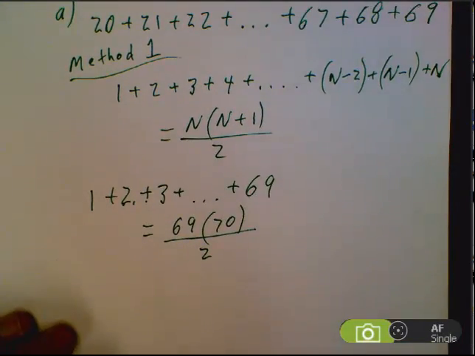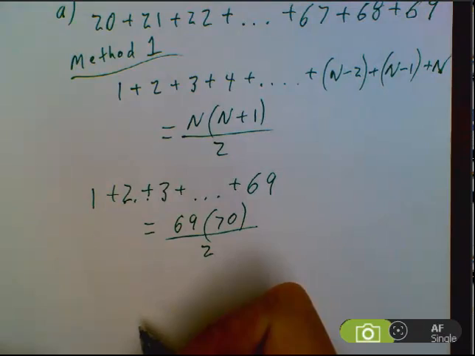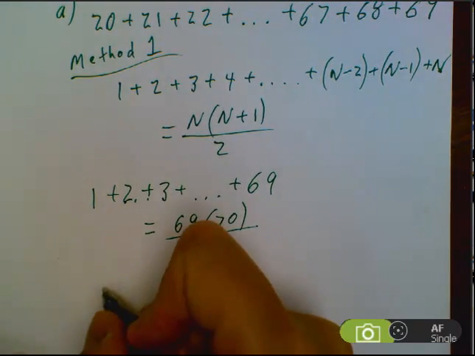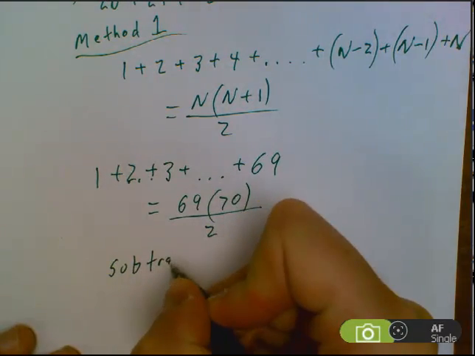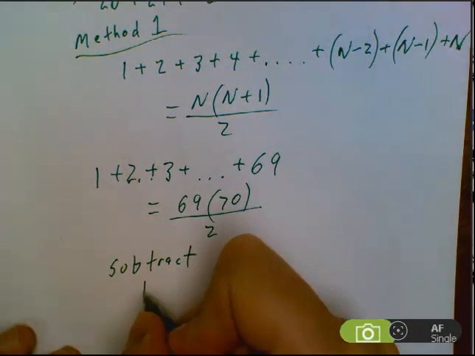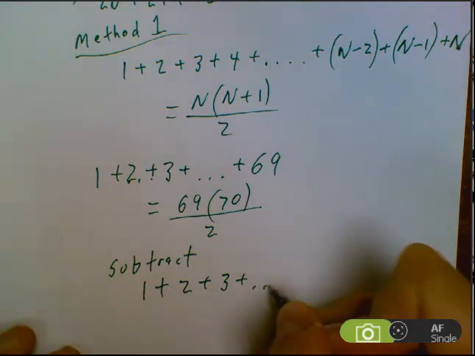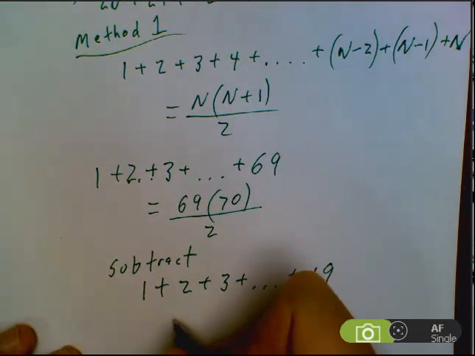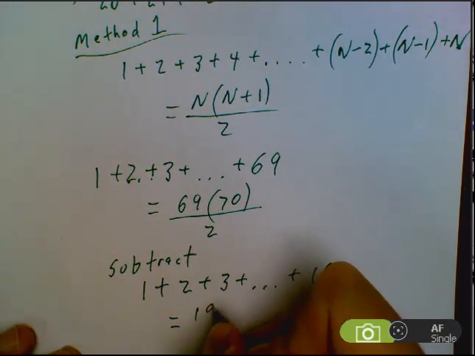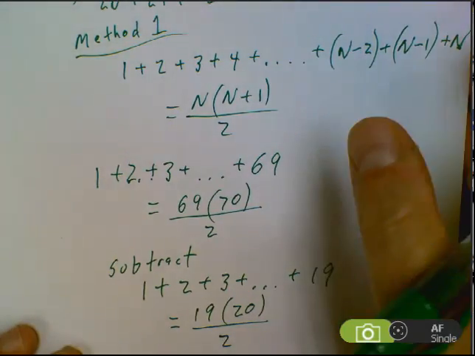Now the problem with that is we did 1 all the way up to 69. So we want to subtract the sum from 1 plus 2 plus 3 plus ... plus all the way up to 19. That would be equal to just 19 times 20 divided by 2.